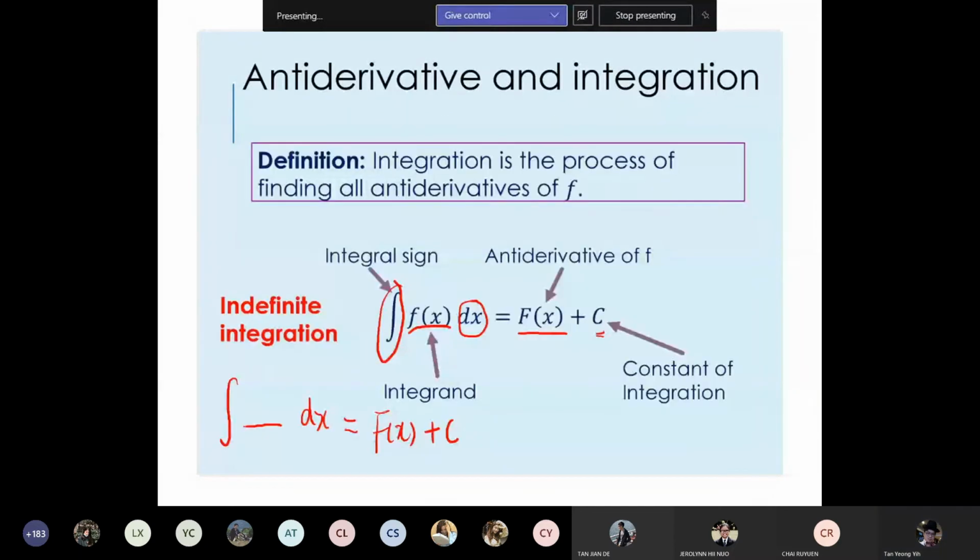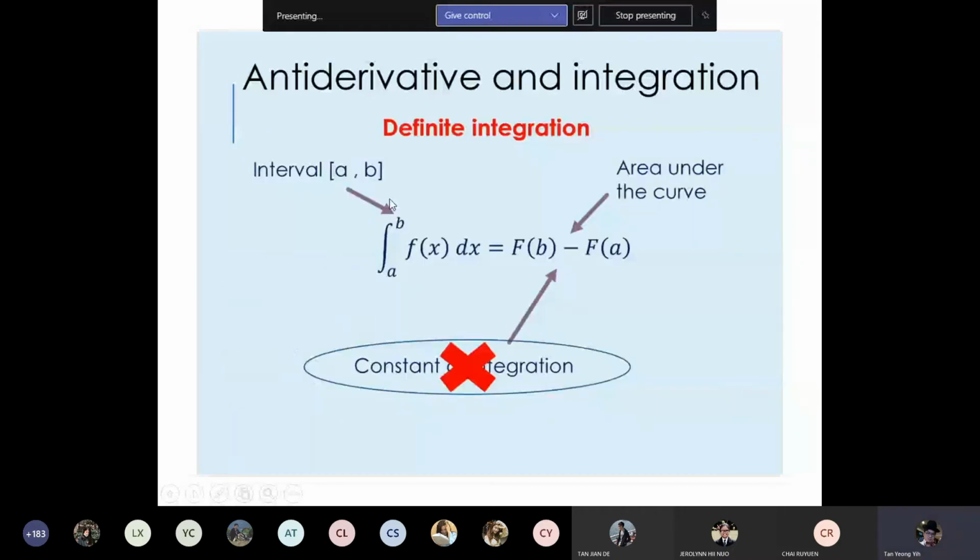Now, when we integrate like this without numbers, we call that indefinite integration. If we integrate with numbers, let's say 1 to 2 or 3 to 4, this is called definite integration. The answer we get is the area under the curve.